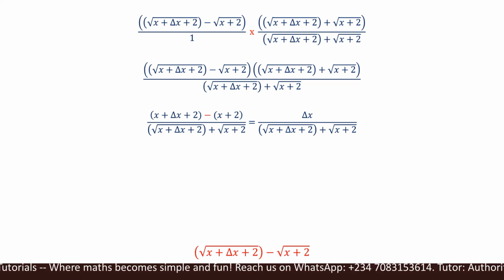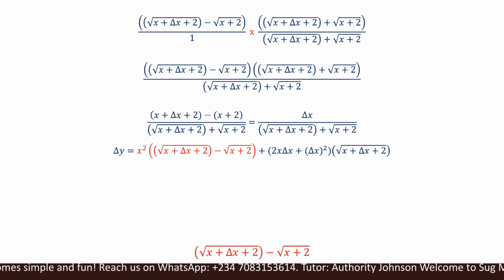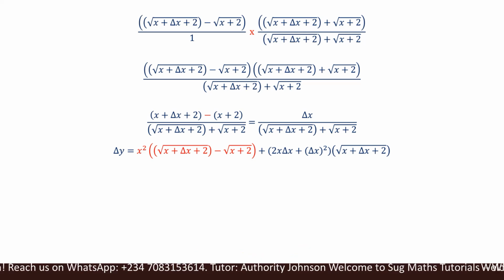So we are going to have change in x all over square root of x plus change in x plus 2 plus square root of x plus 2. So this is what we get when we rationalize square root of x plus change in x plus 2 minus square root of x plus 2. So in place of this, where we have x squared and then this bracket, where we just rationalized, we are going to write the result.